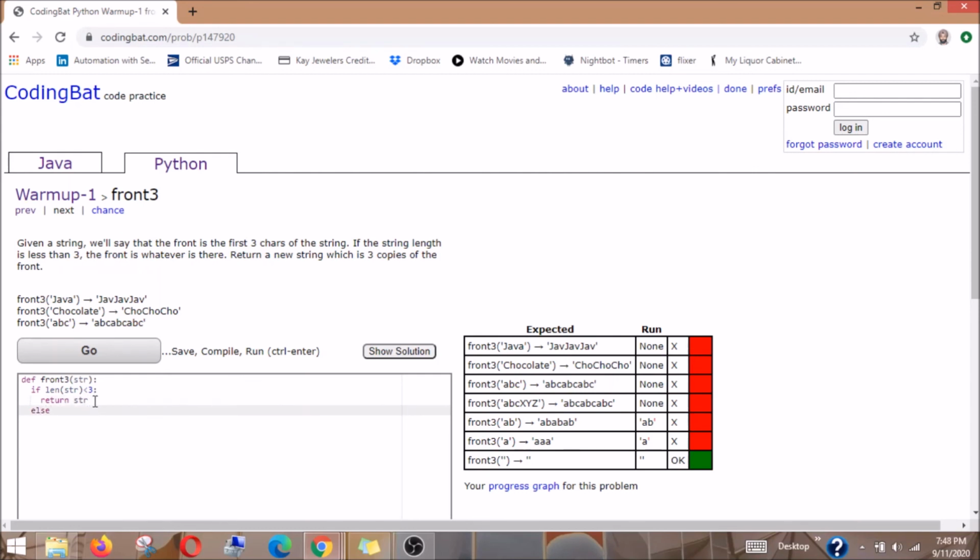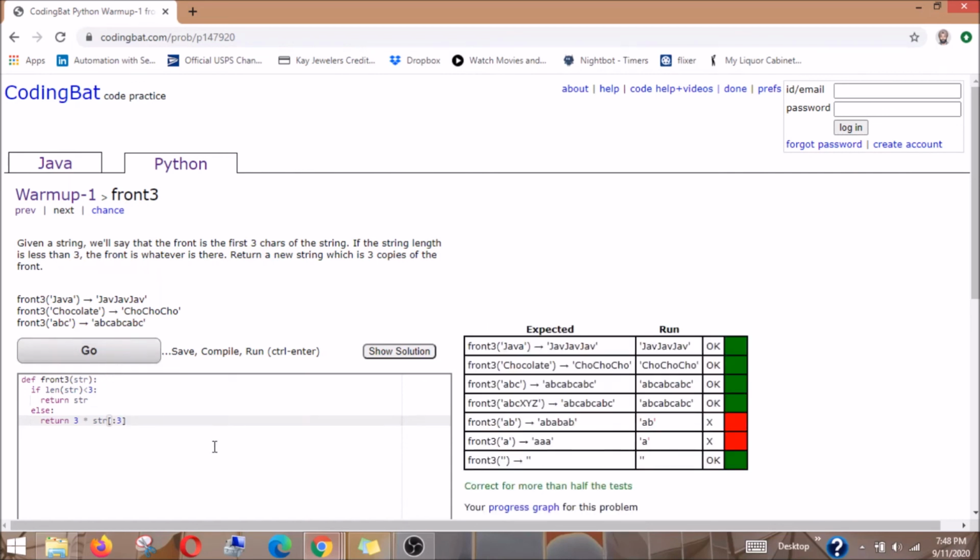Okay, else, where now we have to look for if it is greater than 3. Yeah, then we have to return 3 star. So if you multiply this, then it should give us the first 3 characters. Oh, why is it not giving?